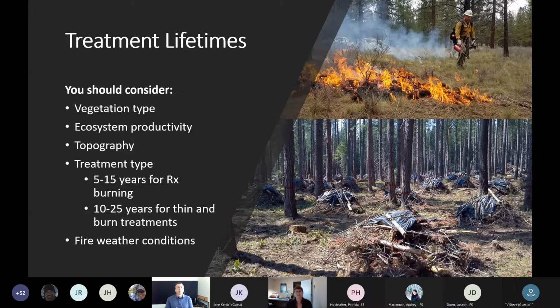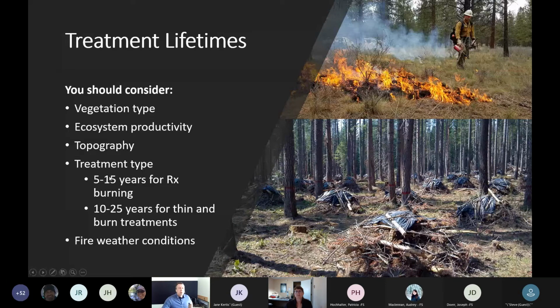And along with that, we have to think about potential treatment lifetimes. And those vary a lot depending on the type of vegetation the fire is burning through, the productivity of those ecosystems, which impacts fuel recovery times after treatments. And fire weather conditions, so more extreme fire weather conditions tend to reduce the effective lifetime of fuel reduction treatments in terms of their potential for moderating fire behavior.